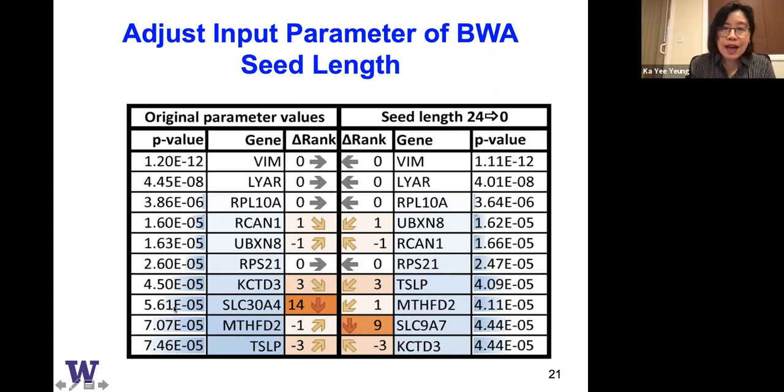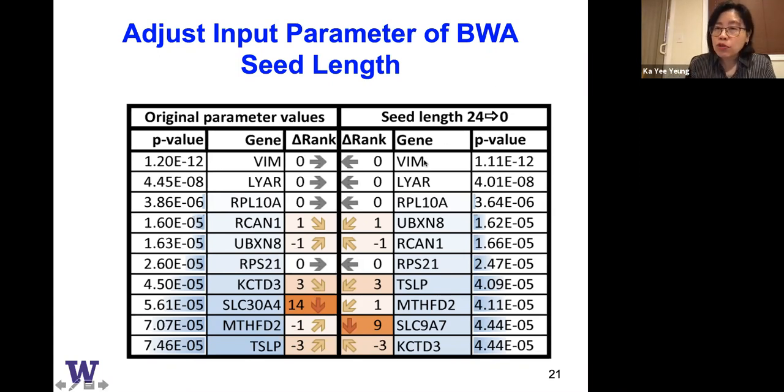And in terms of color, the more significant p-values have a lighter shade of blue. The orange color here compares the rank of the top 10 differentially expressed genes. For example, for the default parameter, the top differentially expressed gene for this particular drug perturbation is VIM.